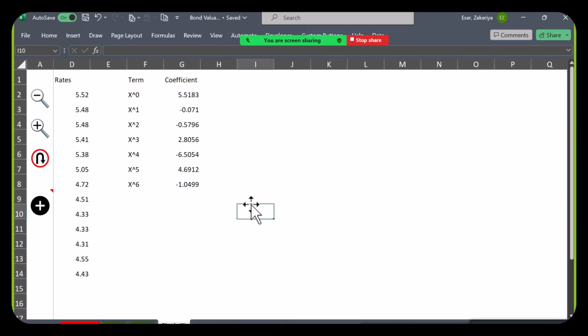These are the coefficients. So if I actually give you a month, so let's do this here.